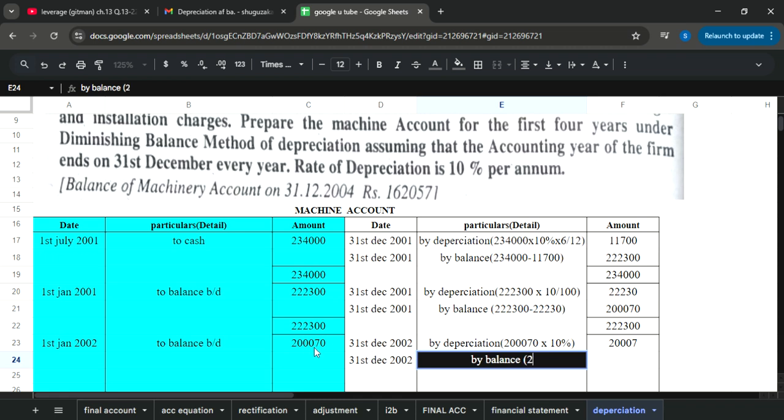Value of asset was 2,000,070, and you will subtract the amount of depreciation 2,000,007. I'm sure you understood what you have done. 2,000,070 once again, and minus 2,000,007. So we have got our balance.